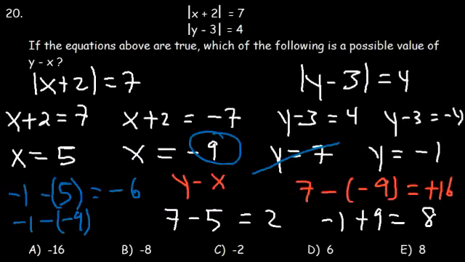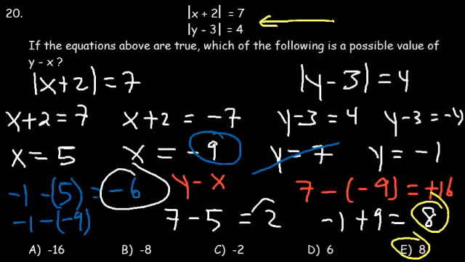Now that answer is listed there. So 8 is a possible value of y minus x using these two equations. So as you can see, there are 4 possible values: negative 6, 2, positive 16, and 8. But only 8 was listed as one of our answer choices. So therefore 8 is the answer that we're looking for. So E is the right answer.